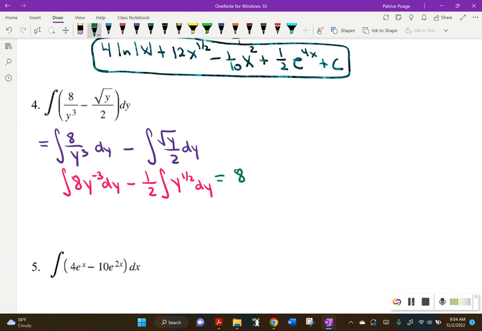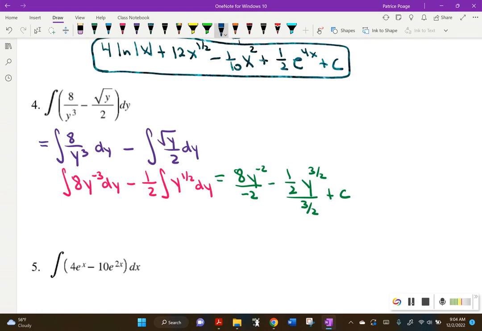All right, so I'm going to have 8y to the negative 3 plus 1, which is negative 2, divided by negative 2, minus half y to the 1/2 plus 1, which is 3/2, divided by 3/2, plus c.